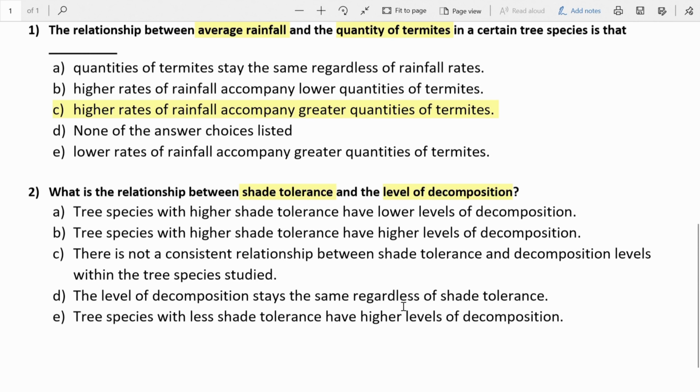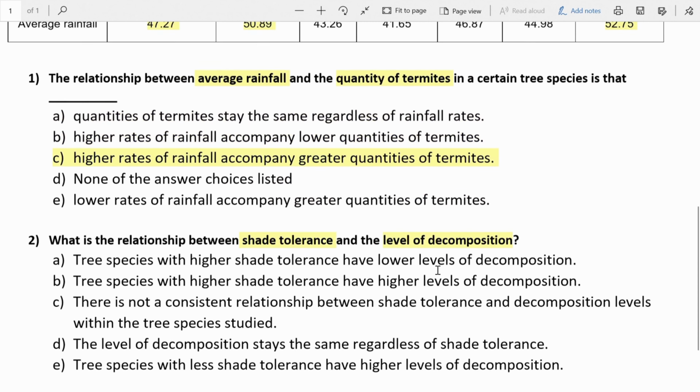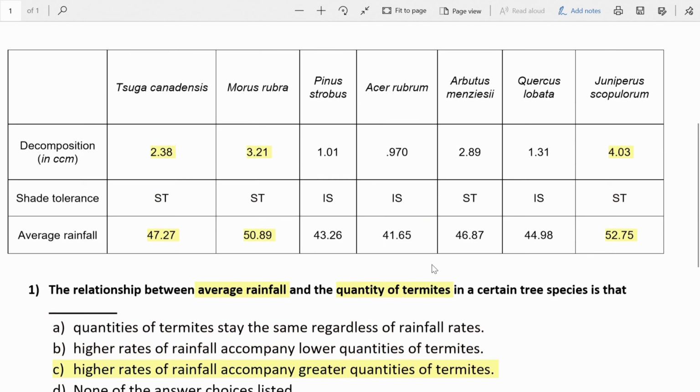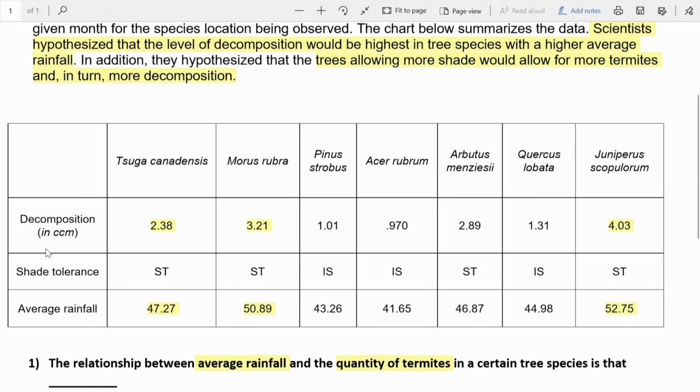Let's see the chart. According to the chart, the species with ST, that is shade tolerant, have high levels of decomposition, higher than the species with intermediate shade tolerance. So you can see that these have the highest decomposition levels.